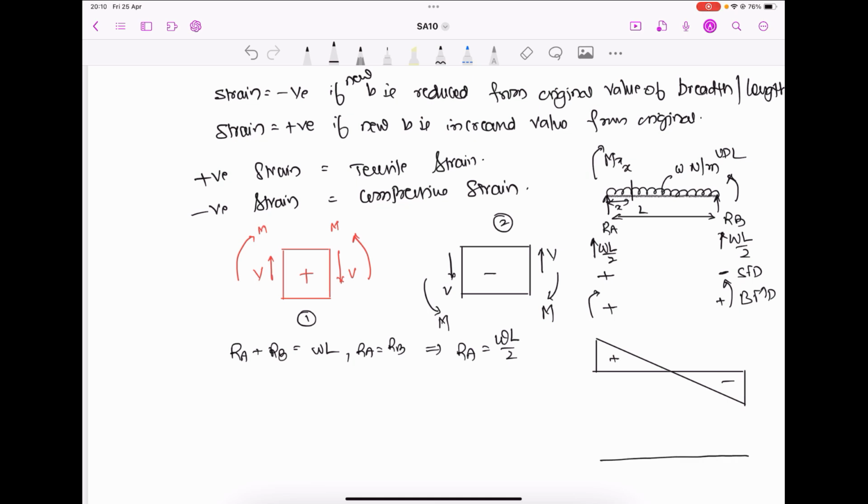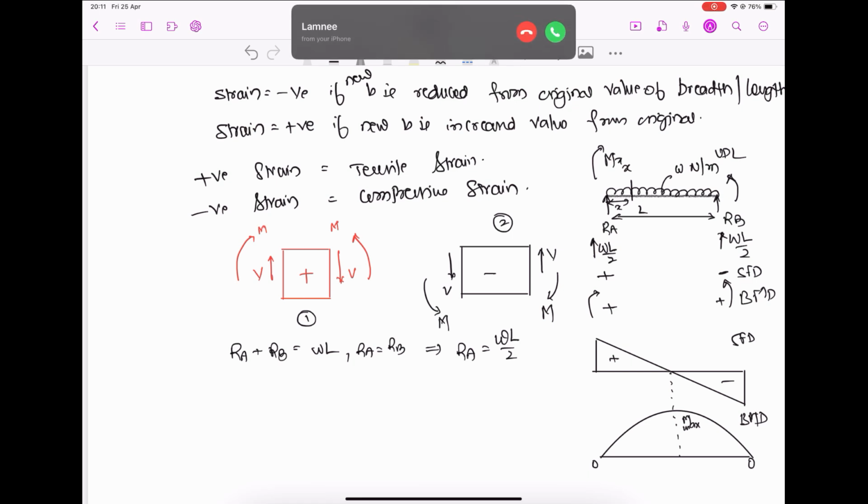And the bending moment will be like this, and this is the point where BM is maximum. Here it is 0; bending moment at the simply supported supports will be 0. This is the SFD and this is the BMD. BMD across the length is positive.